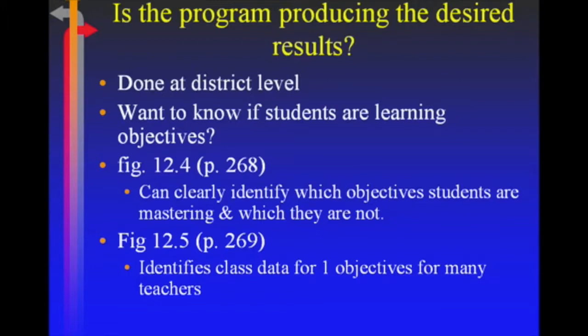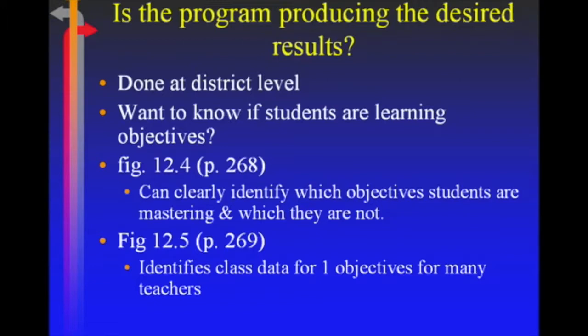And so those are the assumptions here. Okay, we're just going to make the assumption that that's what we're talking about here. If not, you do it at the school level. Okay, we want to know if the students are actually learning our objectives and our goals.